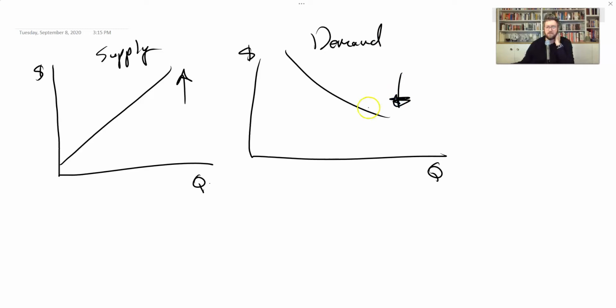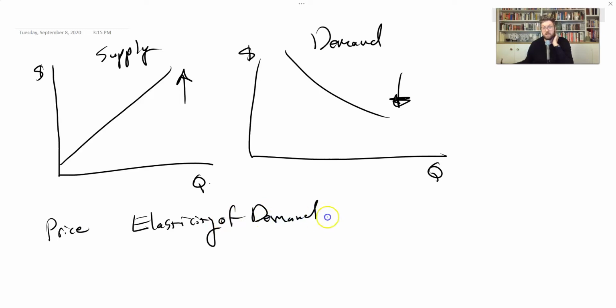Okay, so if we want to characterize these things, one useful tool that matters a lot in economics is called the elasticity. It's a way of describing key features of demand, supply, or really any kind of curve. We're going to focus on the price elasticity of demand at this stage, but you could also do the price elasticity of supply and lots of other things.